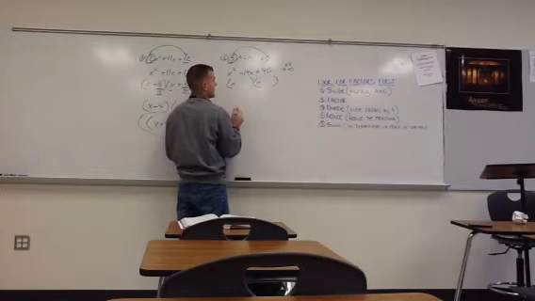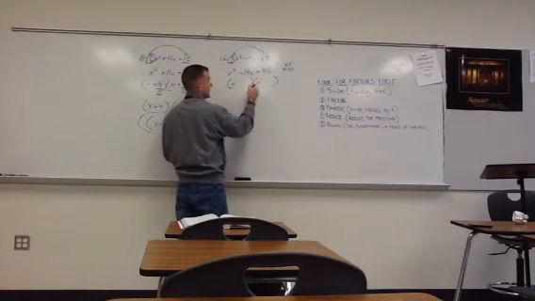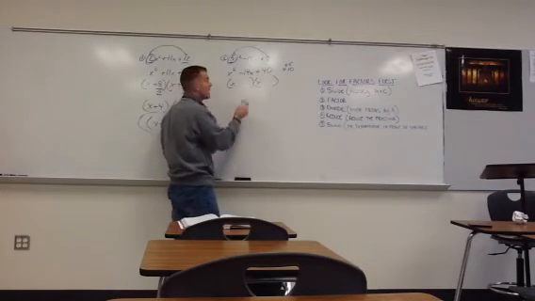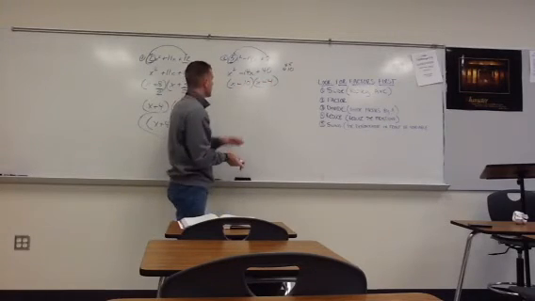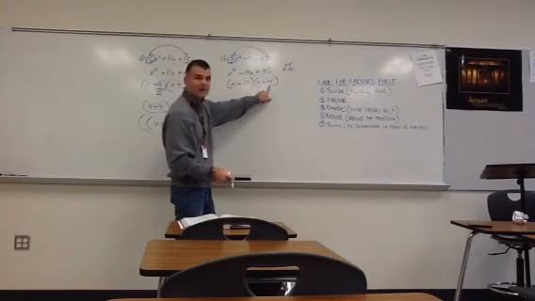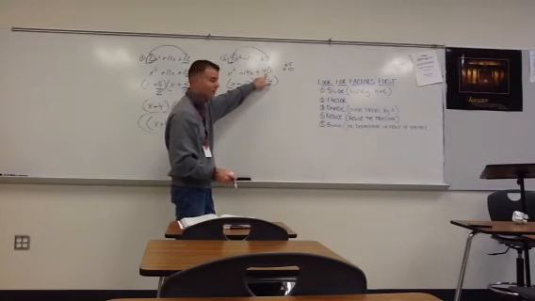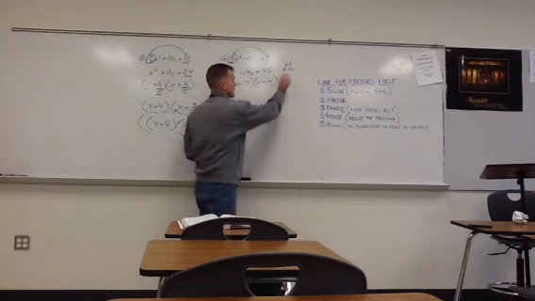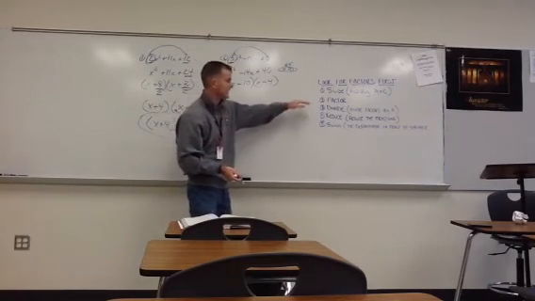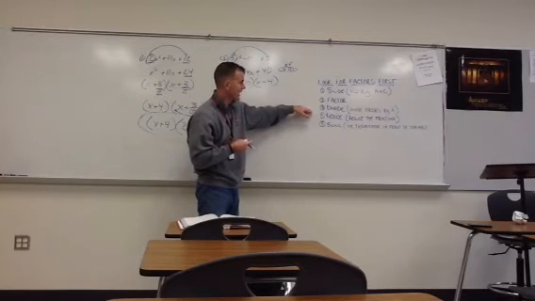Now make sure your signs are right, because I have to have a positive here and a negative in the middle. So they're both going to have to be negative. Negative 10 times negative 4 is positive 40. But when I add them, negative 10 plus negative 4, I get negative 14. So we went with these 2 right here. And that's step 2.